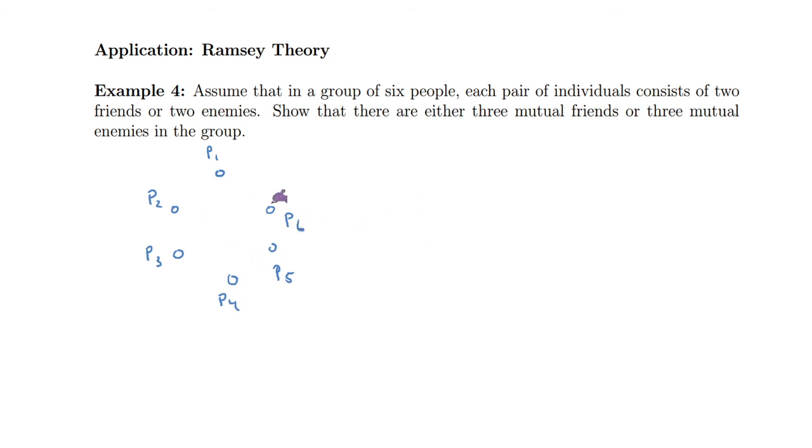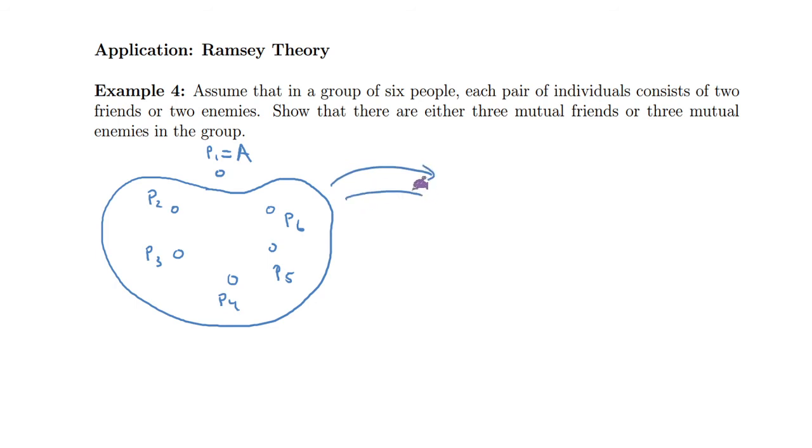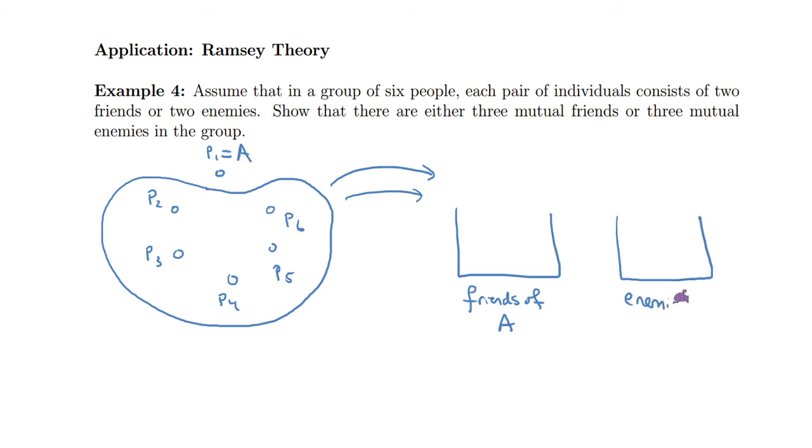Now let's isolate person 1, and we'll call that person A. The remaining 5 people are going to go into one of 2 bins. These bins are either the friends of A or the enemies of A. These are the only 2 possibilities, and all of these 5 people must go into those.